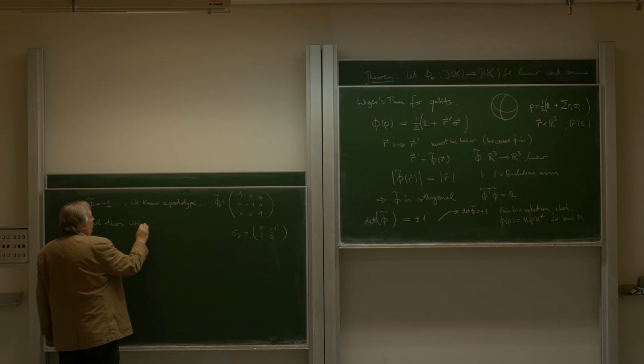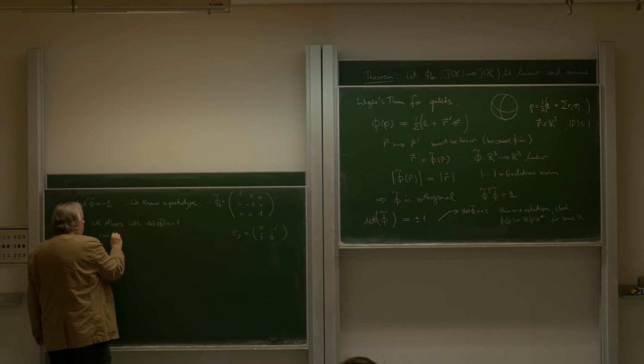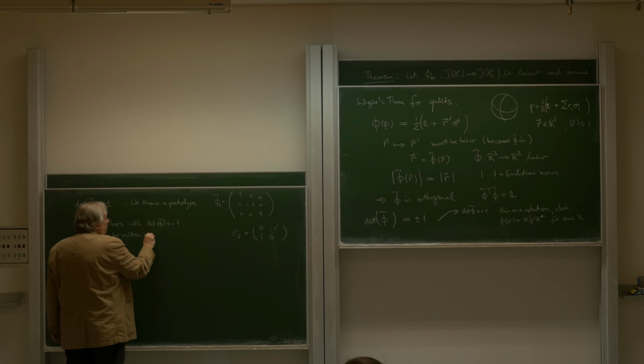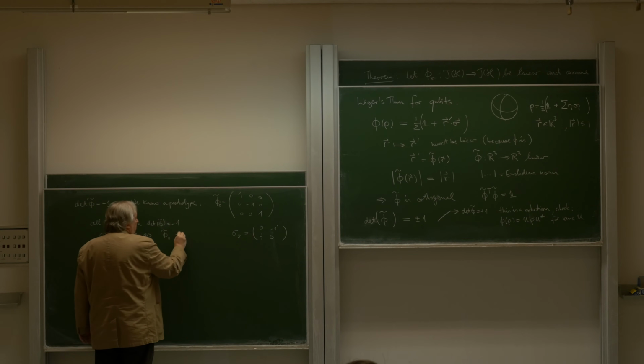So all others with determinant -1 can be written as phi twiddle 0 times phi twiddle, right?